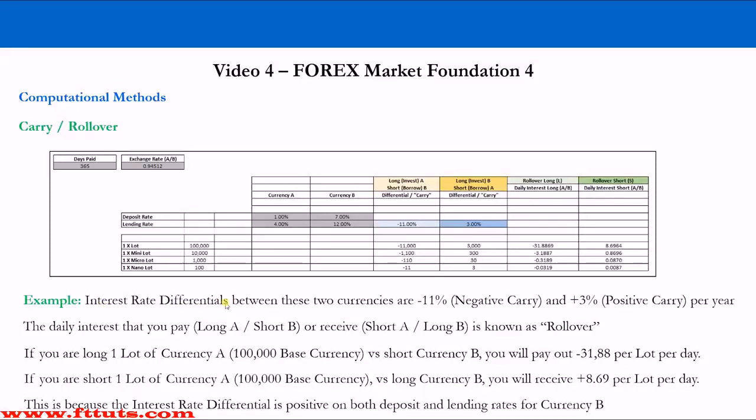So the difference between the interest rates across two currencies, and the interest rates being, if you're long currency A, the interest rate that you receive, and if you're short currency B, the interest rate that you pay, as in the interest rate that you pay on the loan.